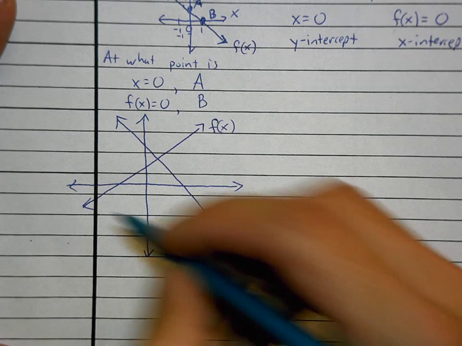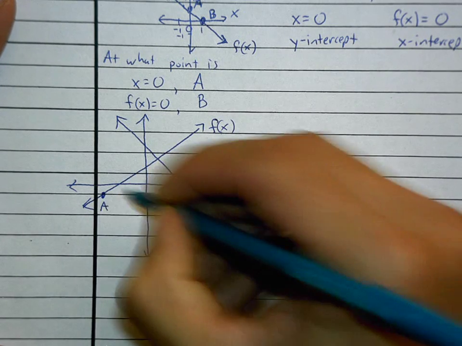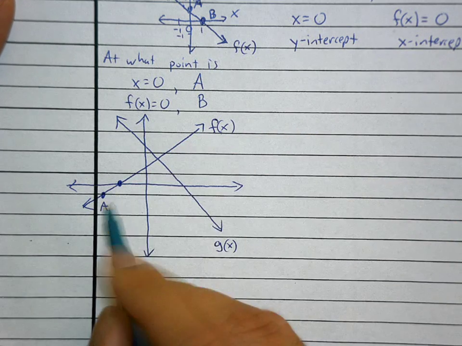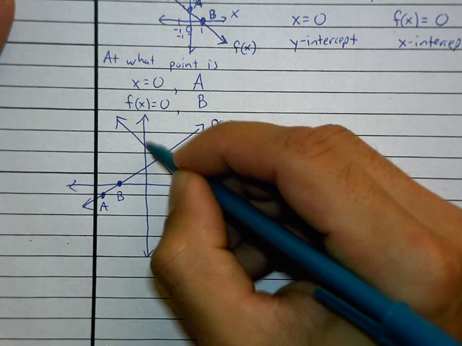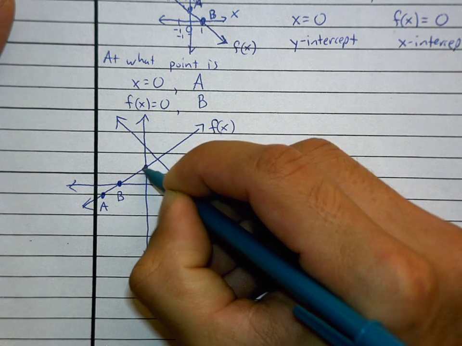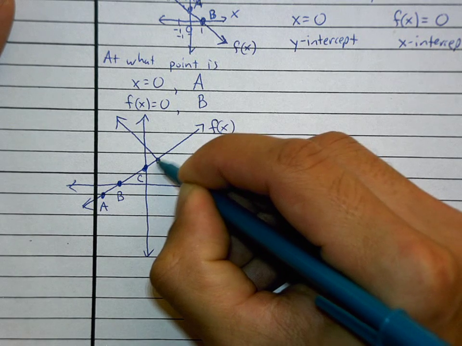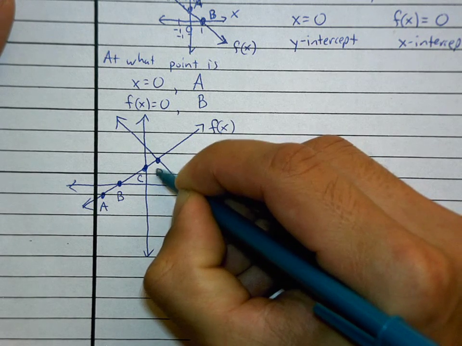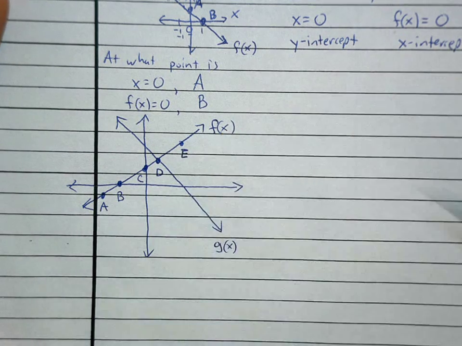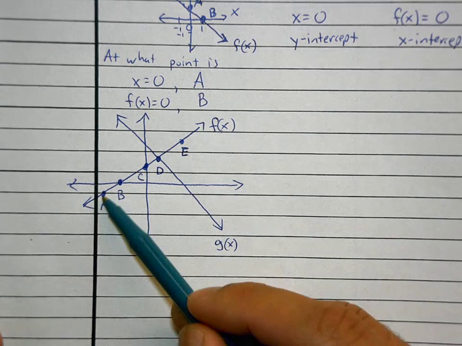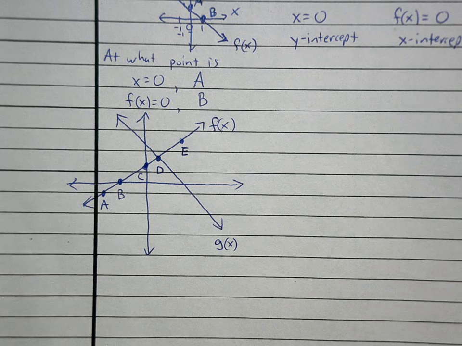So let's label a point, and we'll label this point right here, and I'll call that A. I'll label this next point, which is where this one touches that line, and I'll label that B. Then I'll label this point here, where that one touches that one, C. I'm going to label this one D, because I'm trying to keep it nice and simple, and then one over here, which I will label E. A, B, C, D, E, and I could go more, but I'm not going to on that line.